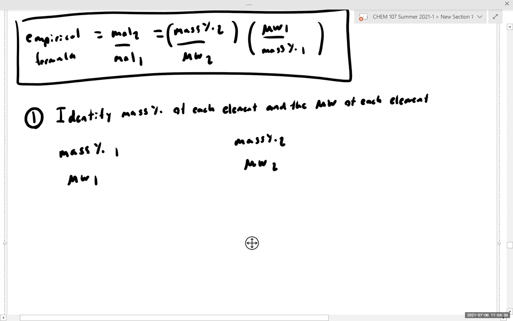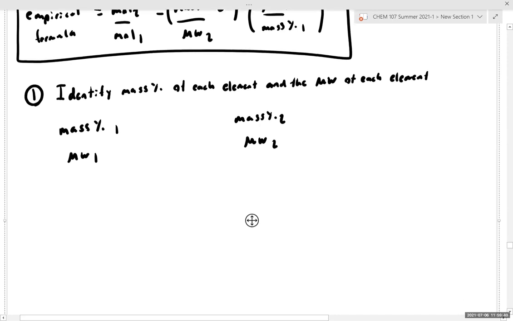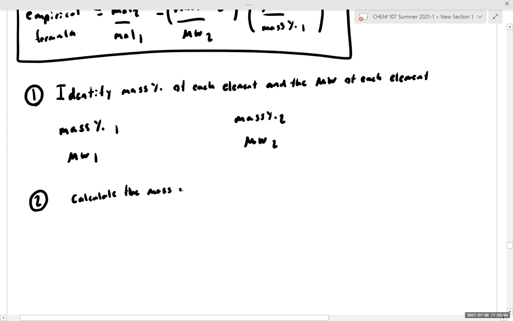Now, if you don't just want to directly use this equation that we've prepared, you can instead calculate this stepwise. Next, you can calculate the mass of each element, assuming a total mass of 100 grams.